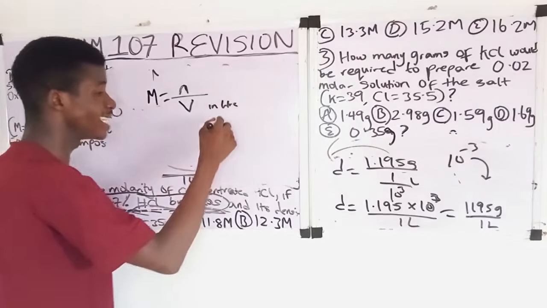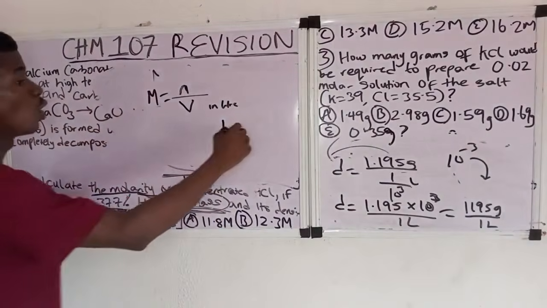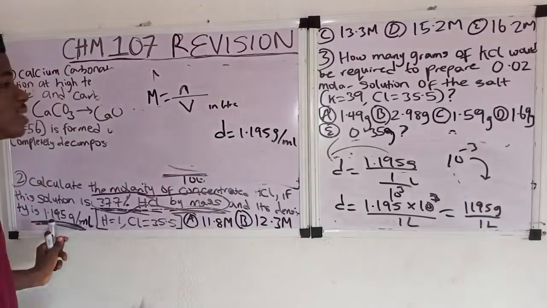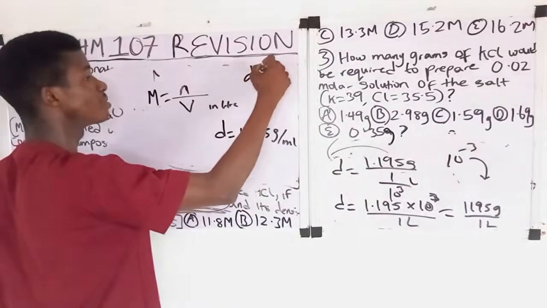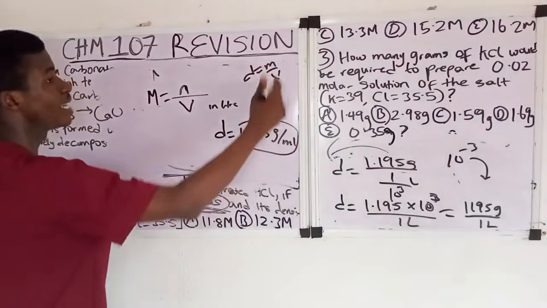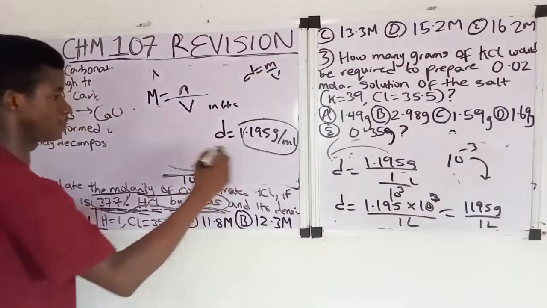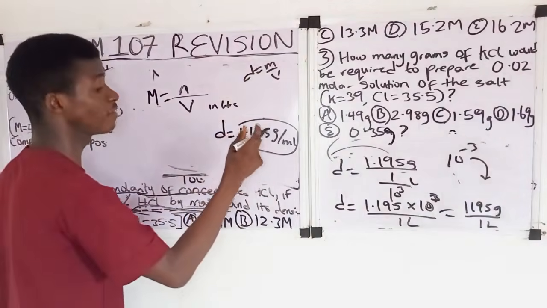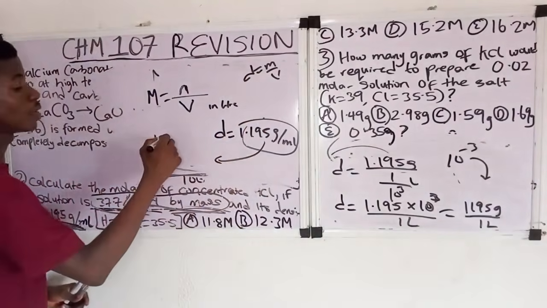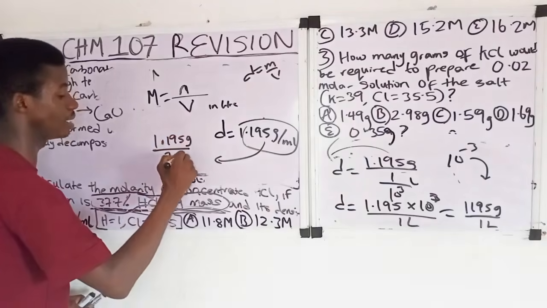They only gave us the density of the solution to be 1.195 gram per mil, right? And we all know that density is mass over volume. So from this density, we get our mass and our volume. 1.195 gram per mil means 1.195 gram divided by 1 mil.